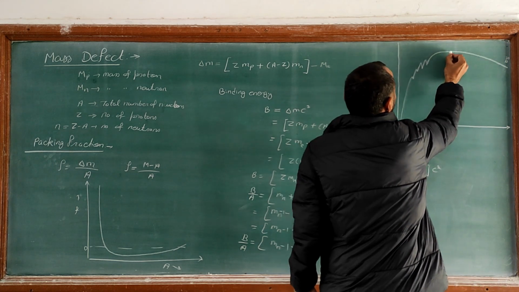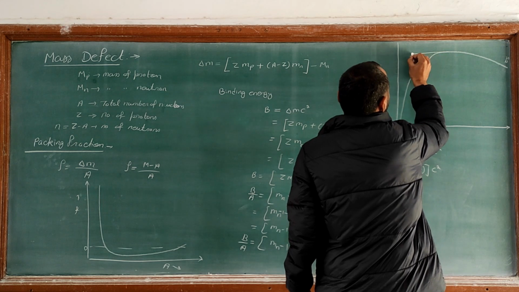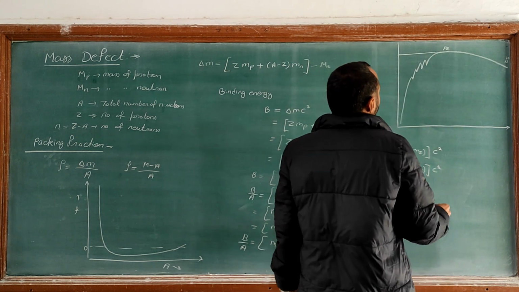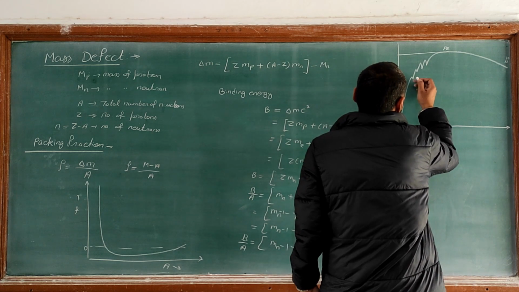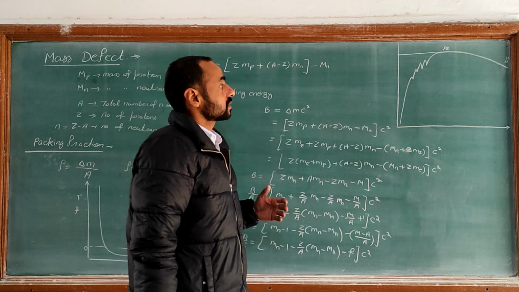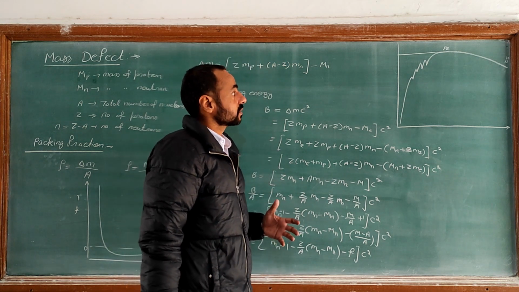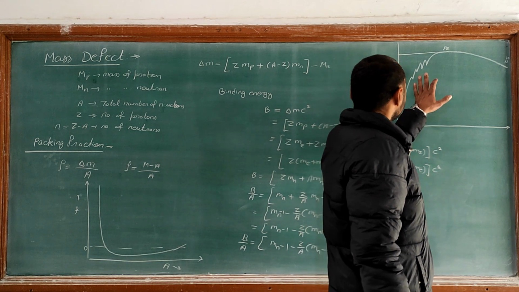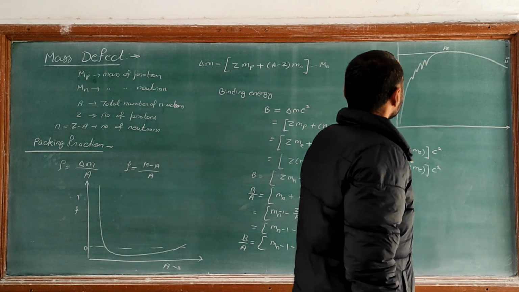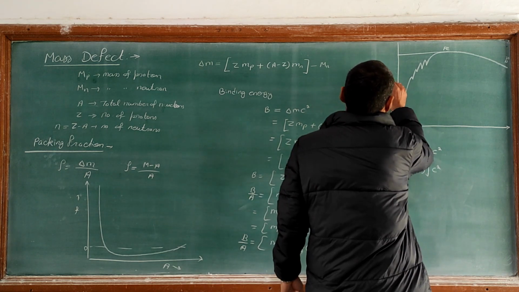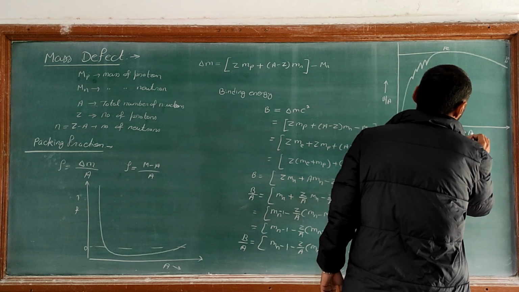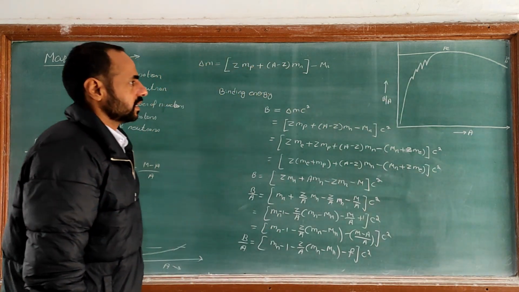In this region it is maximum for iron, Fe, and these spikes correspond to some particular nuclei, and these spikes indicate something important. So this is the binding energy per nucleon plotted against the mass number A.